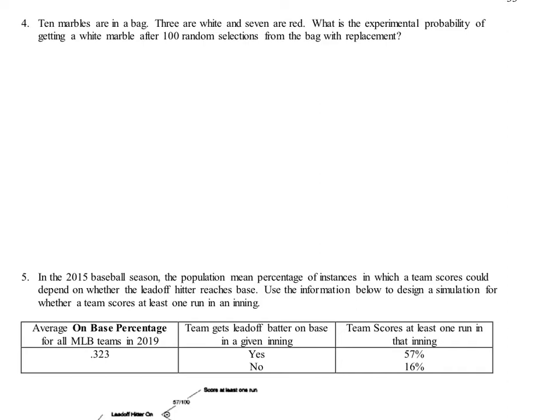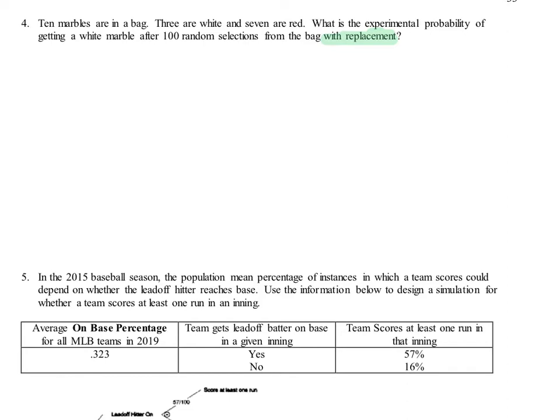So I'm relying a lot on what was covered last class. With replacement is telling us that the marble that was selected after a particular trial was replaced into the bag before a new marble was selected.